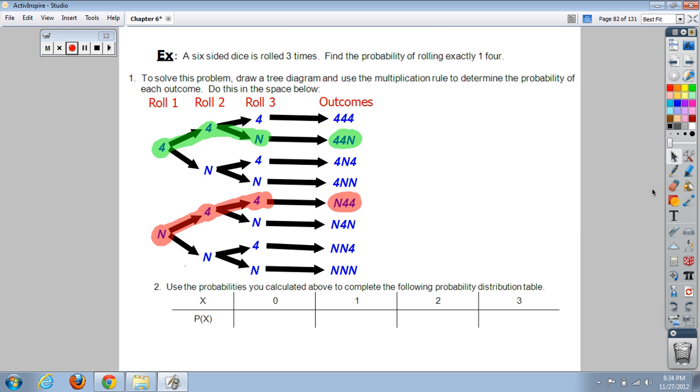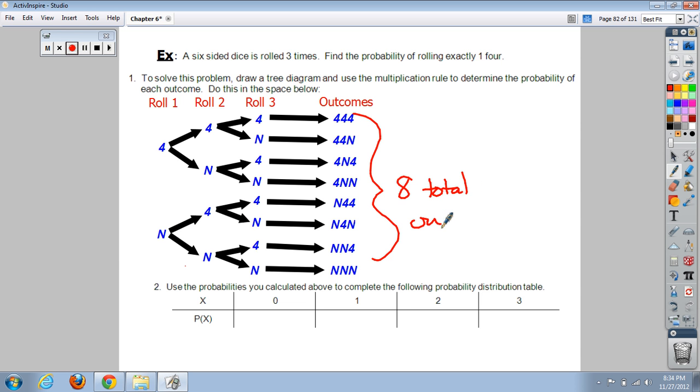Now, you might say, oh, go back here, there are 8 total outcomes here. So the probabilities are going to be the same as they were for the 3 kids, but they're not. Because the probabilities for rolling a 4 and not rolling a 4 are not 50-50.